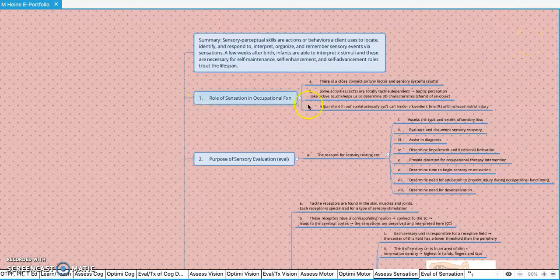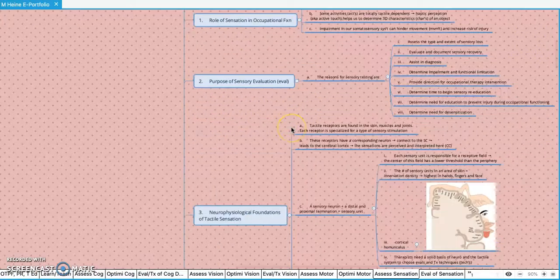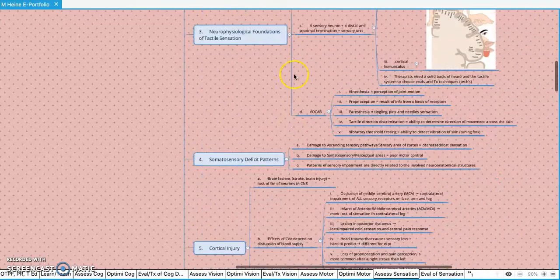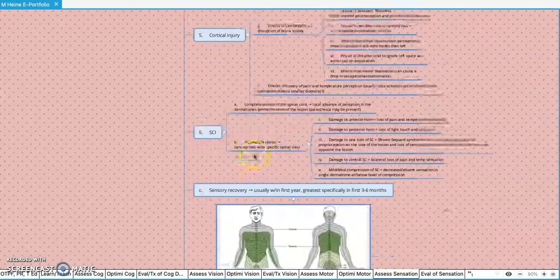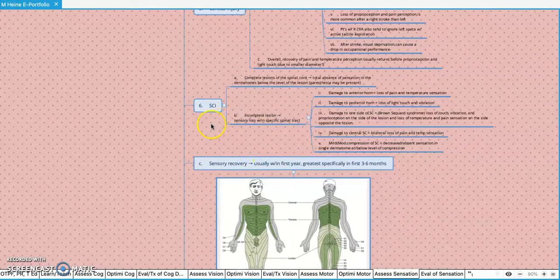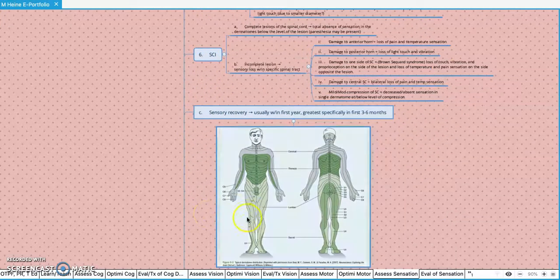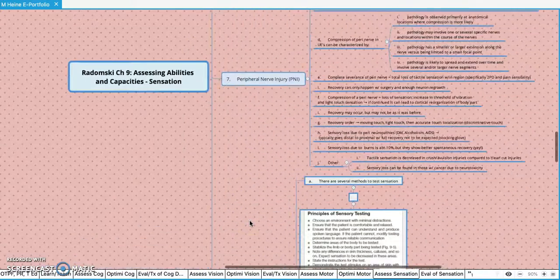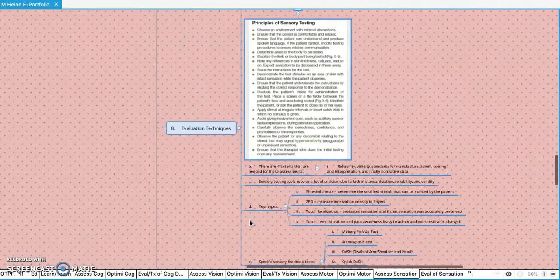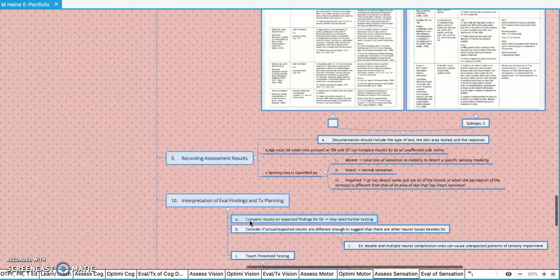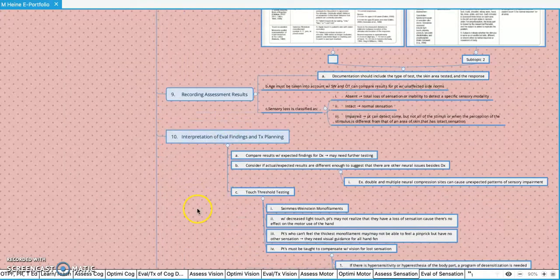So, like I just talked about, the role of sensation in occupational function and how important that is from a neurophysiological foundation with sensation. Spinal cord injury, which we learned a lot about, how sensation is affected with that, and then how it comes back, if ever. Sensory recovery, the peripheral nerve injuries, evaluation and the OT process, how you record your assessment results.